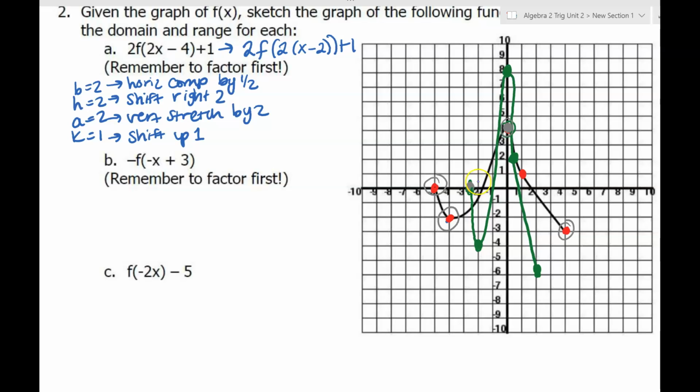So every point on my graph is going to go right 2, up 1. So that's where that first point ends up. This point is going to go right 2, up 1. This point up here is going to go right 2, up 1.